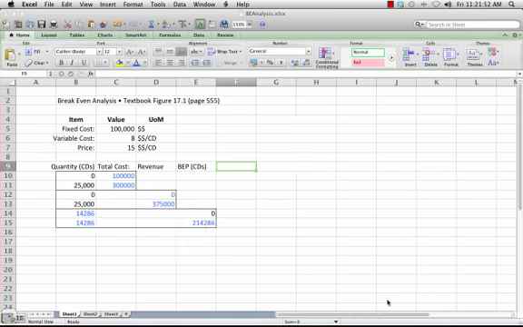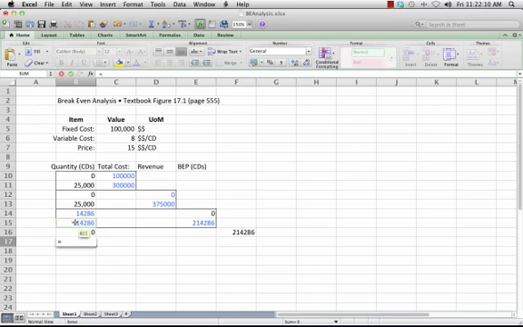So we're just graphing the endpoints of the lines. So again, this one's very straightforward. So we're going to start at 0, and we're going to go up $214,286, and we are going to go over 14,286 CDs and up that amount.